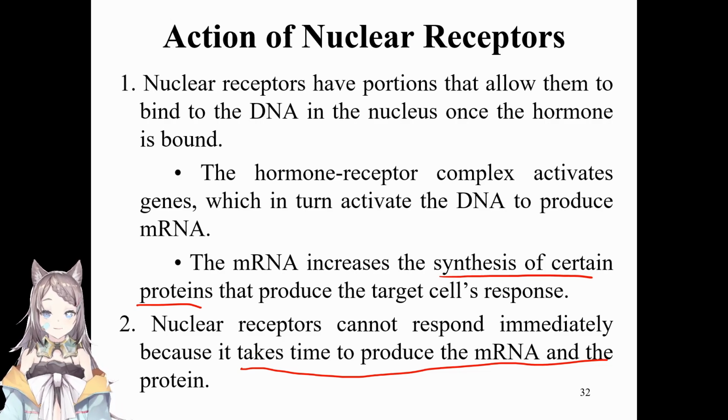Okay? So nuclear receptors are special receptors inside the cell, and if they are activated, there will be a change in the production of the normal proteins. Once they are activated, the cell will synthesize a new protein. That is why drugs that act this way usually do not act immediately.